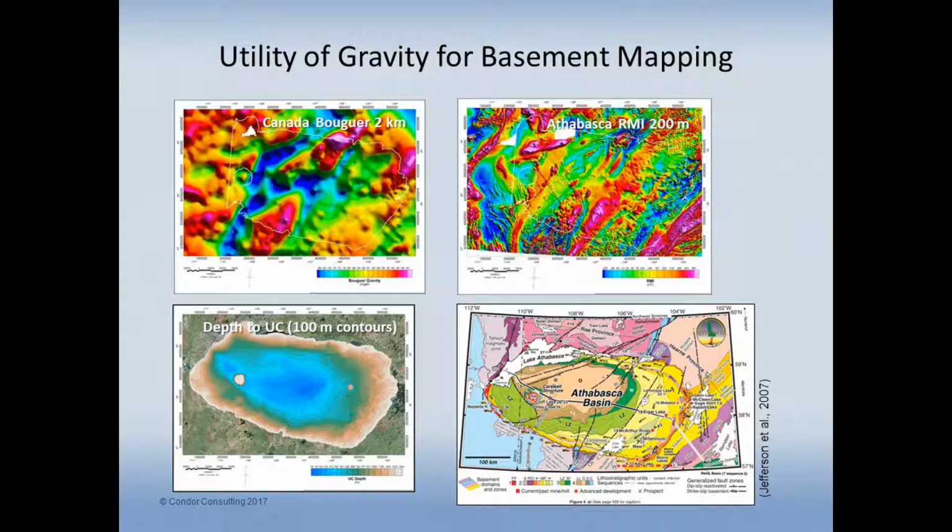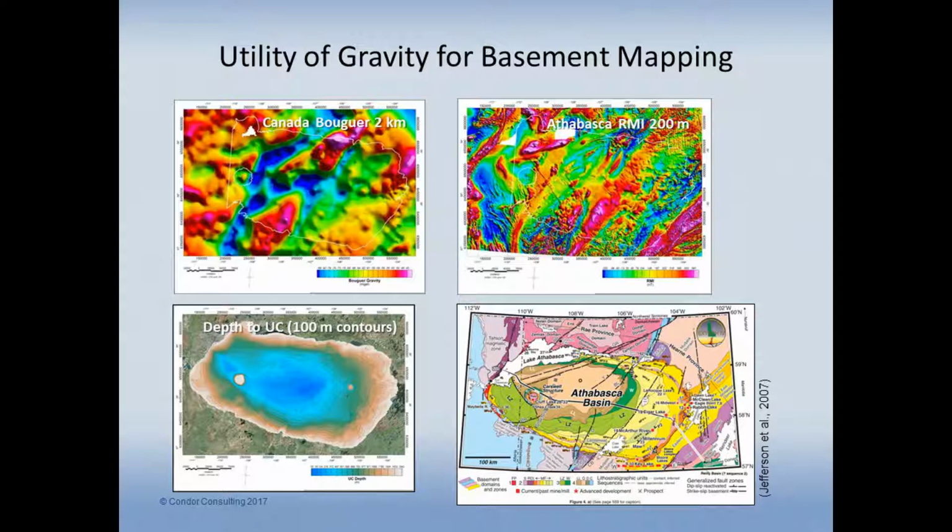So the main thing to note about gravity versus magnetic data is that we don't have the complication, or perhaps the added information, that comes from remanence or dipolar responses. It's a monopolar response. We've got an increase in the acceleration due to gravity in the direction of the relatively dense source.